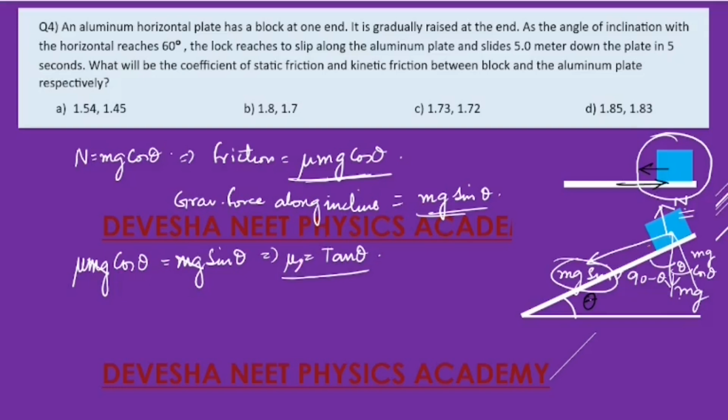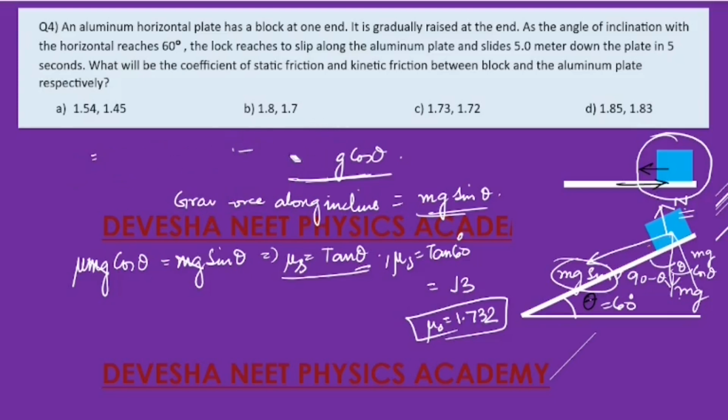So I'm denoting it by S. If theta is 60 degrees, which is given in the problem, then mu S is equal to tan 60 degrees, which is root 3, equal to 1.732.